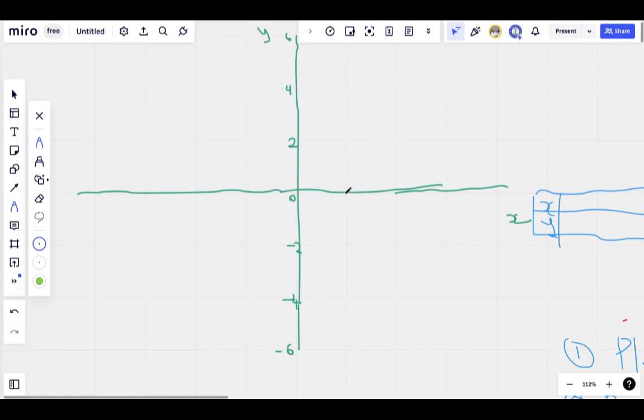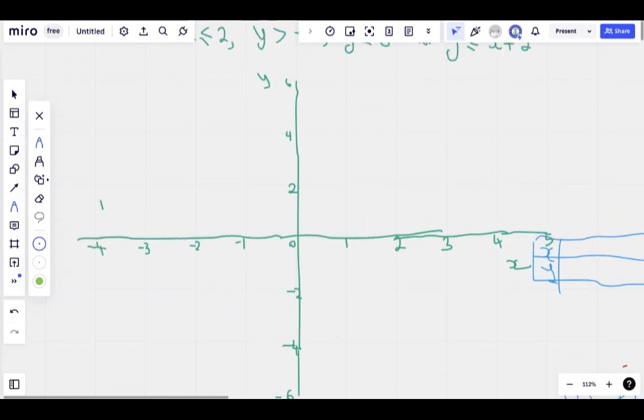For the x-axis, we have 1, 2, 3, 4, 5, and negative 1, negative 2, negative 3, negative 4. You can choose the scale the way you want. Let's say this is our graph.